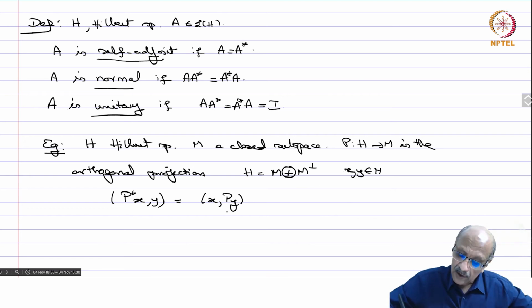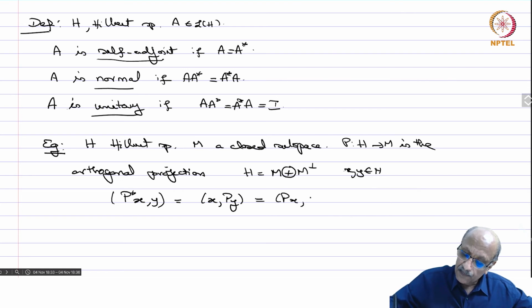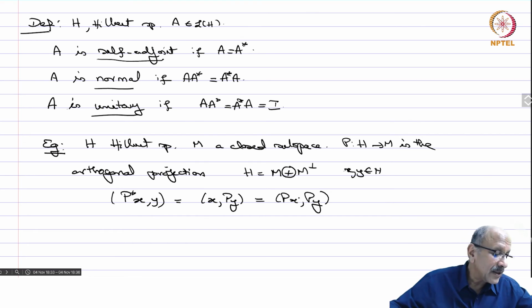Now Py belongs to M, so what is the characterization? This is nothing but Px, Py, because that's how the projection is characterized.